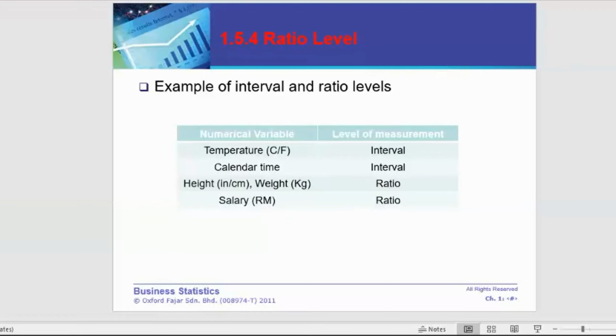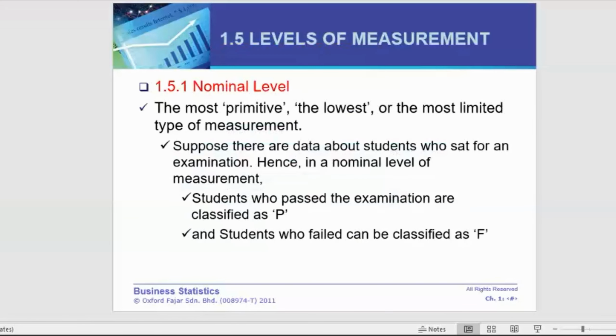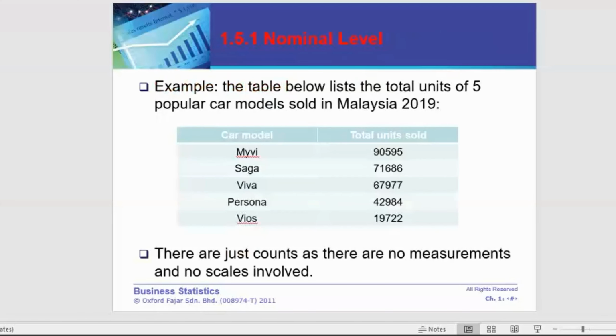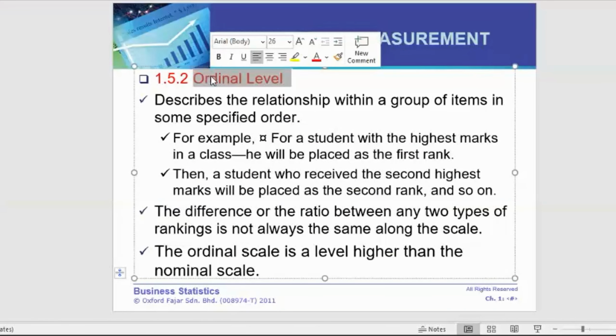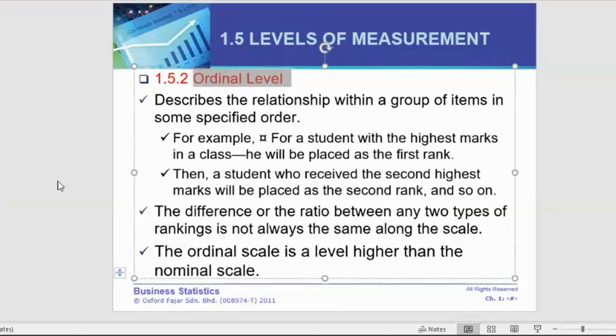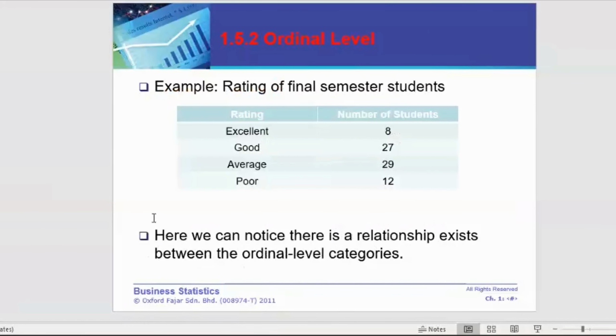So as we said in today's class, we have 4 types of measurements. The nominal level, which is the minimum level of information, like counting the number of cars. We have the ordinal level, where there is a relation between categories, but the differences are not the same, as in the level of students' achievement: excellent, good, average, and poor.